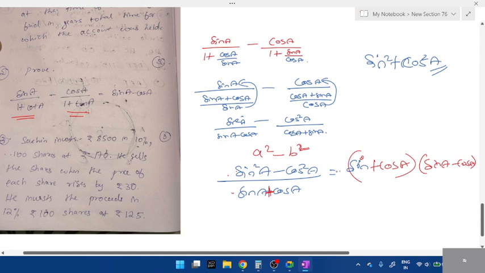See, numerator should have sin A plus cos A, sin A minus cos A. Only then you can cancel it. You don't have to do minus nothing.